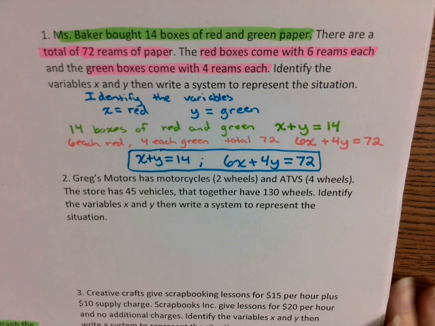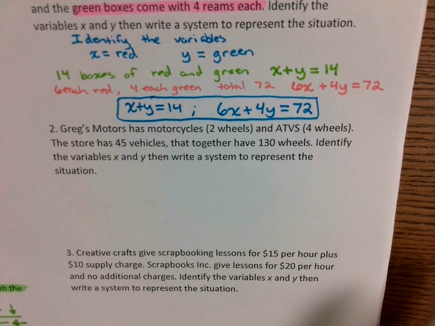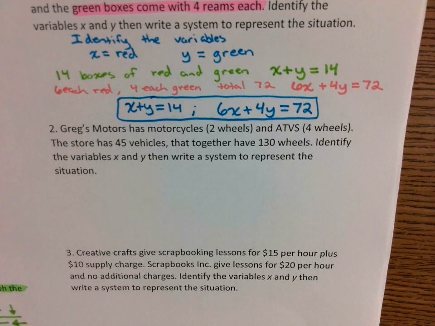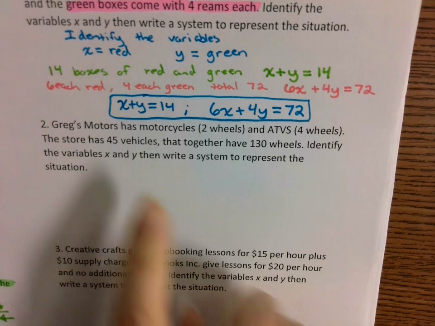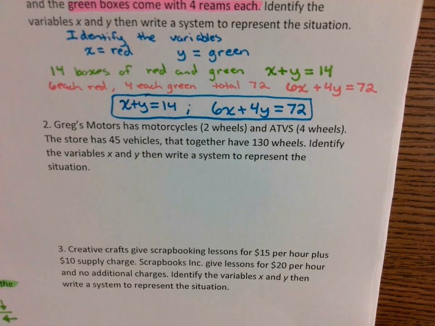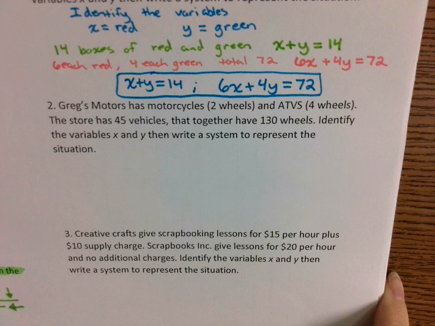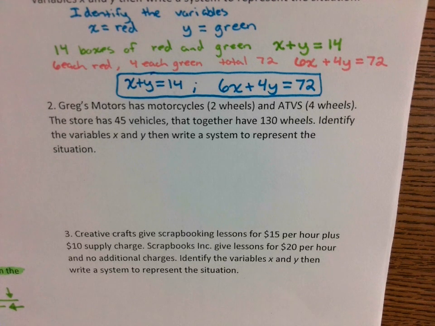All right, let's continue on. Greg's Motors has motorcycles, which have 2 wheels, and then they have ATVs, which have 4 wheels. The store has 45 vehicles that all together have 130 wheels. We're going to identify our X and Y variables and then write the system to represent the situation. So again, it does not matter which value we represent as X and which one we represent as Y, as long as we identify that.